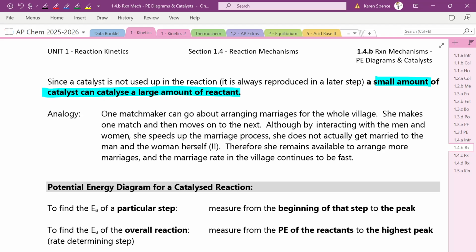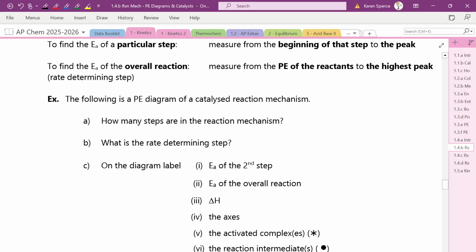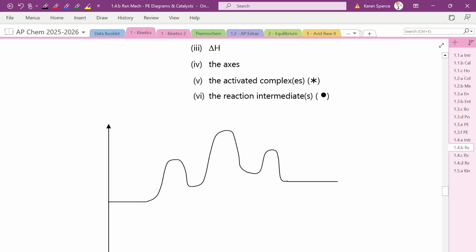Potential energy diagram for catalyzed reactions. To find the activation energy of a particular step, like we said, you start at the beginning of that step and go to the peak. For the overall reaction, you go from the reactants to the peak. The following is a potential energy diagram of a catalyzed reaction mechanism. How many steps? 3.